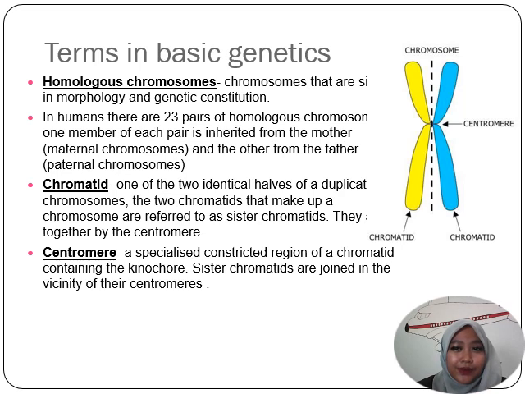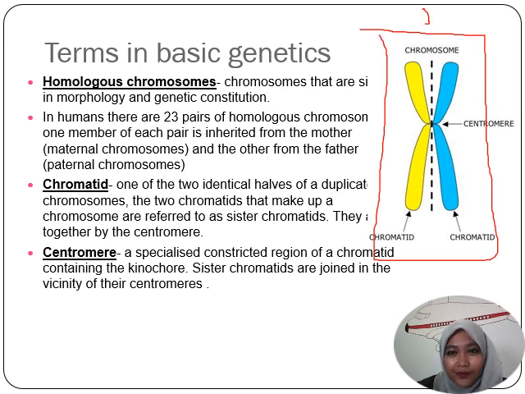So what we have here is the chromosome. In humans, we have 2n equals 46. This 46 chromosomes will be in each of our cells.